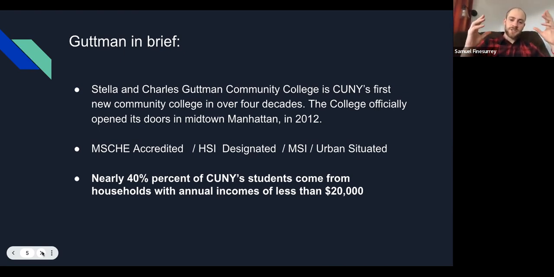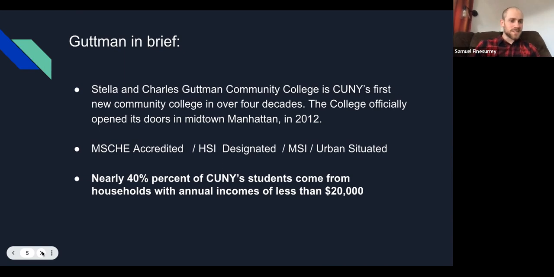it's important if you're trying to duplicate this model to realize that both culture and size matter, right? And Gutman benefits from the fact that we don't have many faculty and we don't have many course offerings in comparison to larger schools.